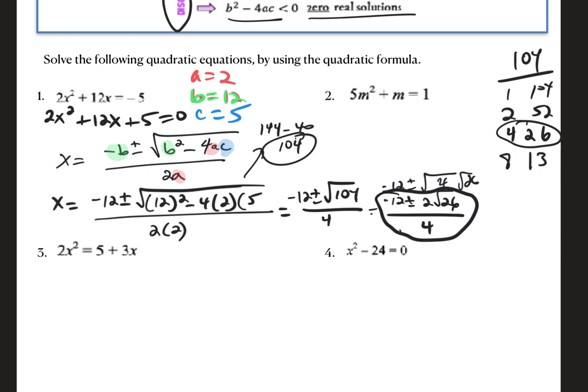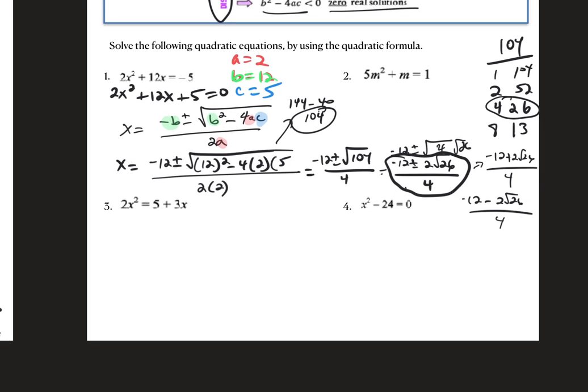There's 2 solutions, by the way. One of them is negative 12 plus 2 radical 26 over 4, and one is negative 12 minus 2 radical 26 over 4. They might ask you to give these answers in the form of a decimal, and if they do, do it, but just make sure that you're doing it in a way where your rounding is correct and you have both answers.